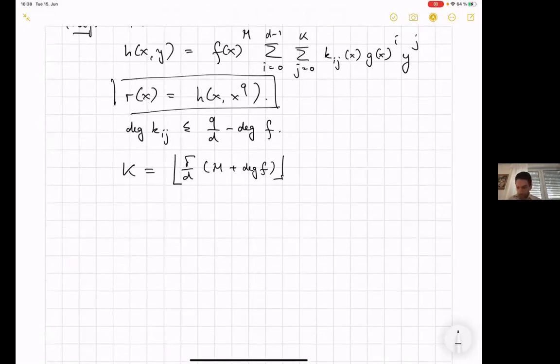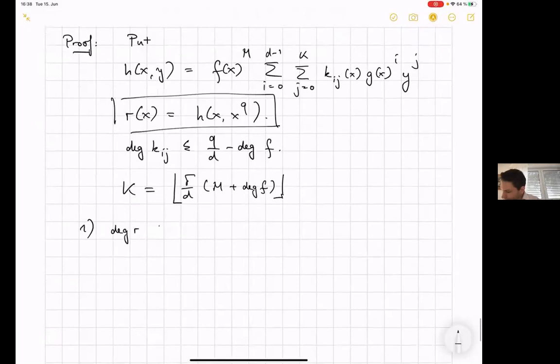All right, so first of all, what's the degree? So the degree of r is what? Well, that's easy enough. That's bounded by m times the degree of f, plus the kij's have degree q over d minus degree of f, and then g has degree q minus 1 over d times degree of f. And the highest power is d minus 1.